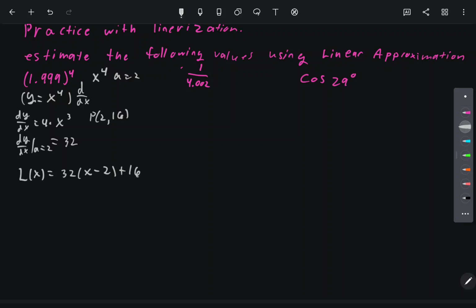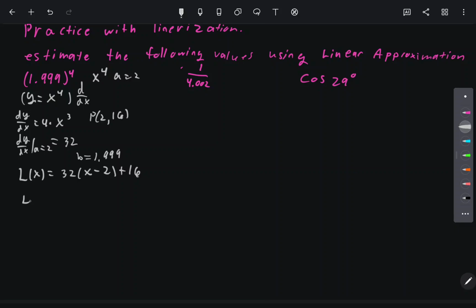Now, all we have to do is plug in our value. Alright, so our b is 1.999.